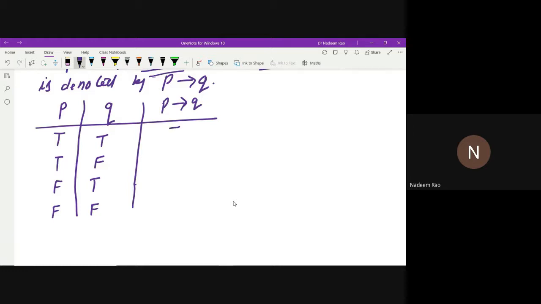If P is true and Q is false, then it is false. If P is false and Q is true, then P implies Q is true. If both are false, then it is true.